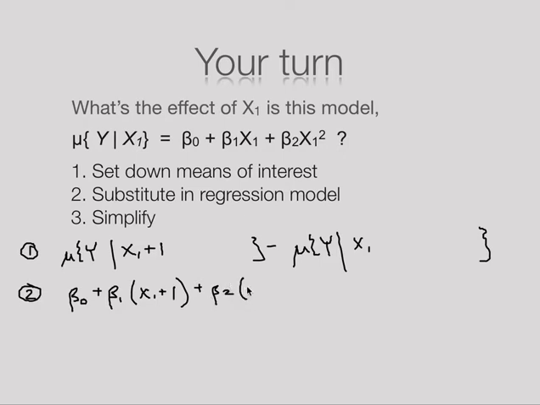Again, instead of x1, I'm going to put x1 plus 1. And that whole thing gets squared. So that's my first mean. I'm interested in comparing that to the mean when x1 is just x1. So I'm going to plug in beta 0 plus beta 1 x1 plus beta 2 x1 squared.